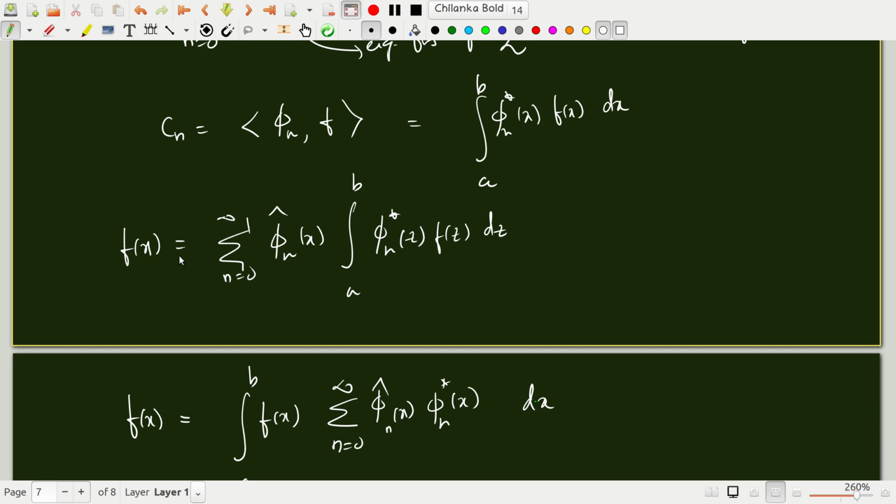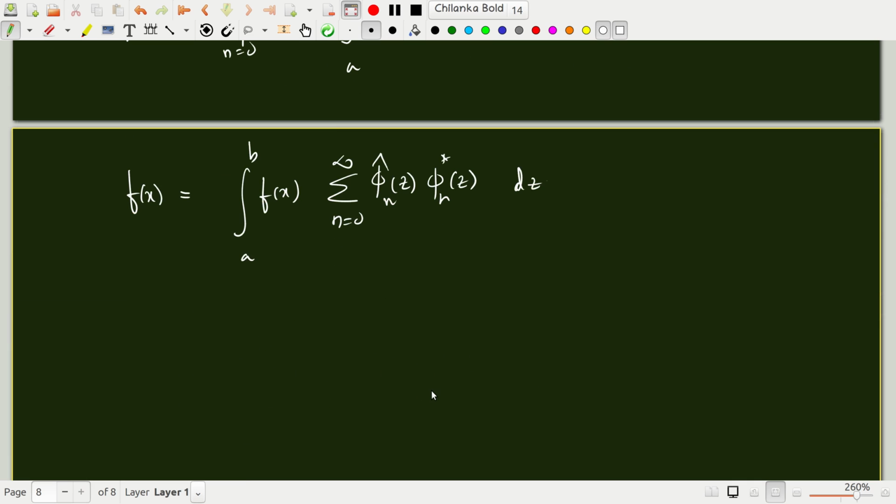Because f of x is already here, I cannot use the same variable, it leads to confusion.